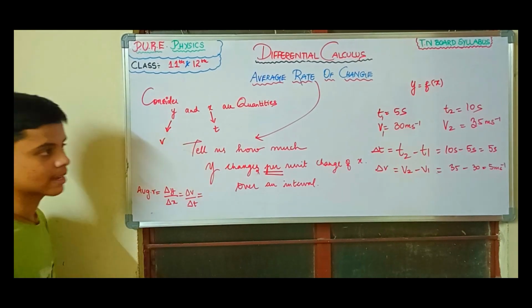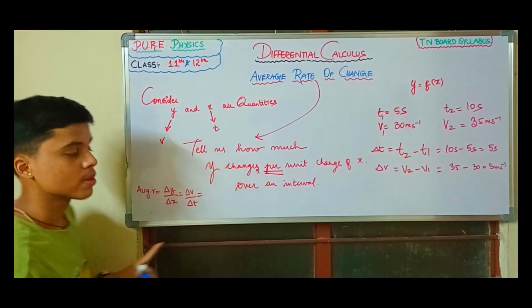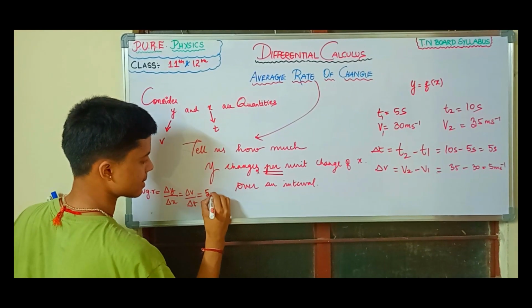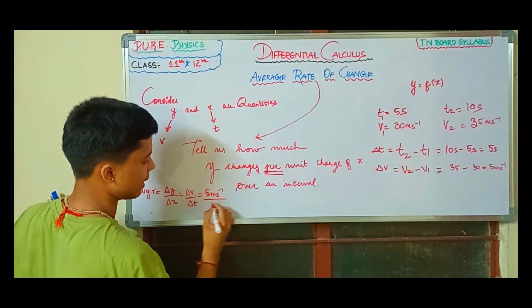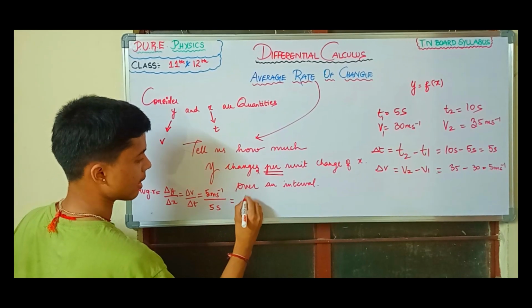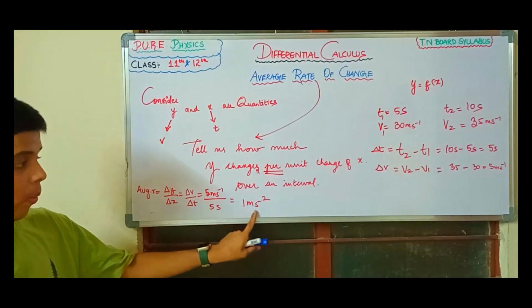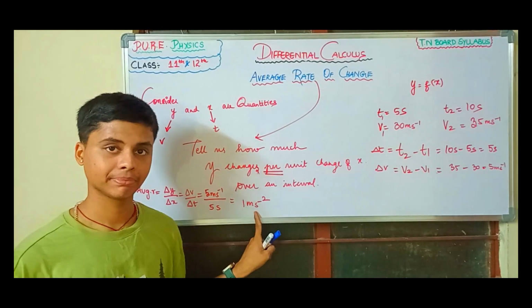What will be my answer? My delta v is 5 meters per second. So I substitute 5 meters per second divided by delta t, which is 5 seconds, giving 1 meter per second square. What quantity will have this unit?